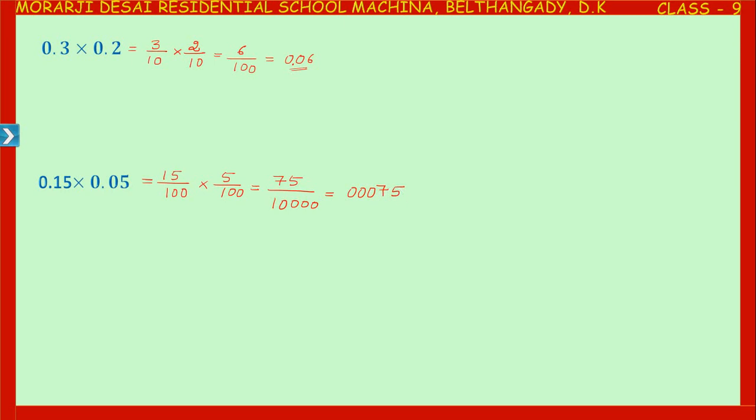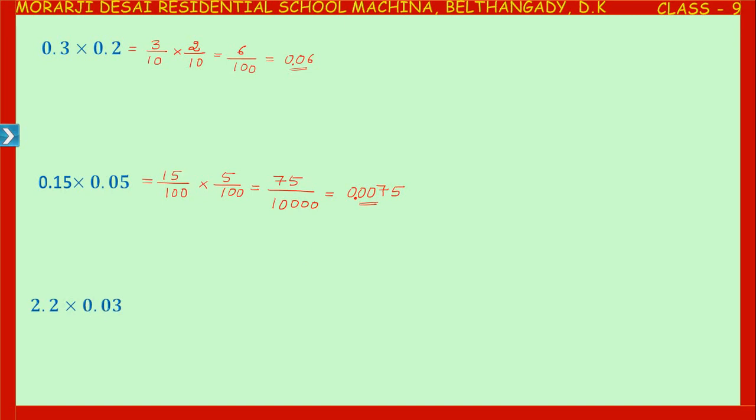Now put the decimal point. Look at the number of zeros in the denominator. 1, 2, 3, 4 zeros in the denominator. So after the decimal point, 4 digits should come. See here, 1, 2, 3, 4. You have to put the decimal point here. That is 0.0075.